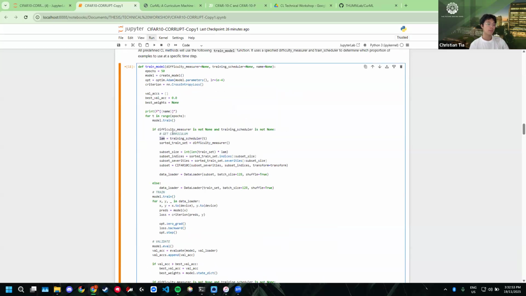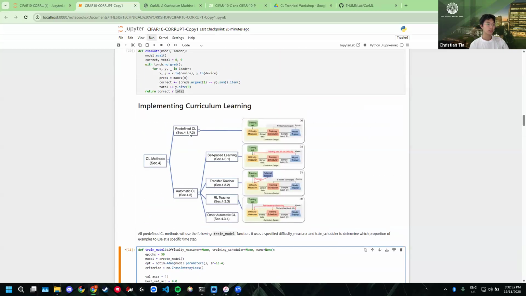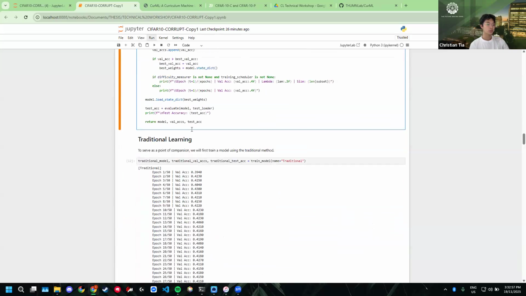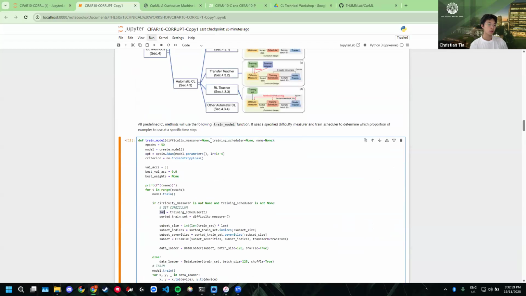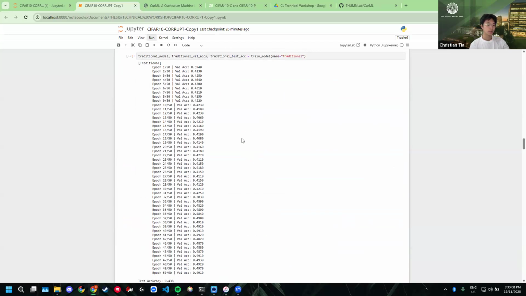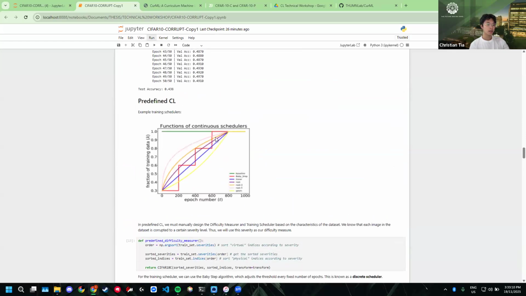So lambda for predefined CL refers to the proportion of the easiest examples that you will use at that step. If we look at our predefined CL, let's look at this red line, which is called baby step.